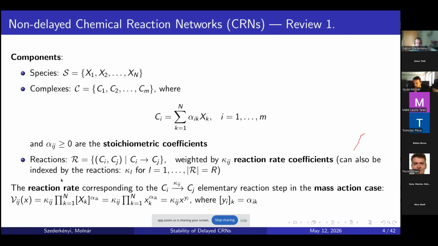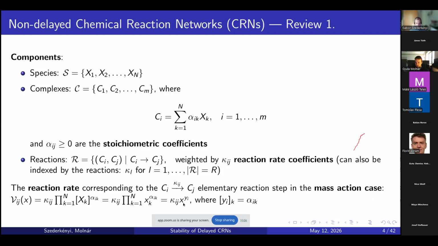The reaction rate will be important. So here I just define the mass action case, because we will begin with the mass action case. So the reaction rates will be essentially monomial expressions depending on the stoichiometric coefficients, and we will use this power notation where this y is a vector.